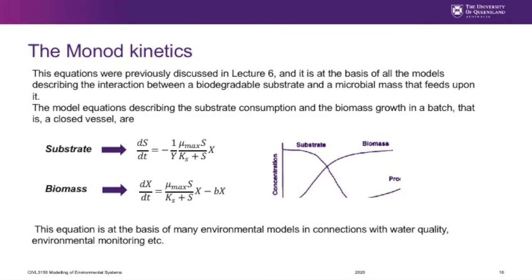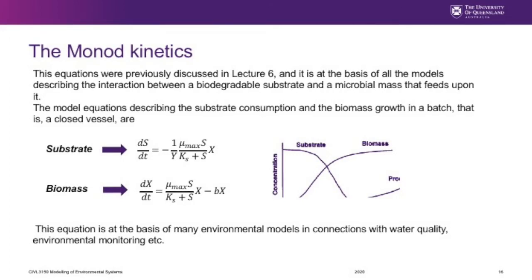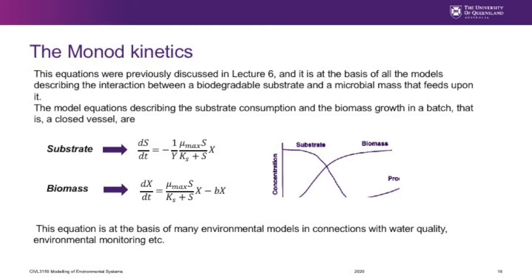But it also contains a term that is related to decay or to the death of the biomass. We have seen this equation before in lecture number 5, where it also includes a term that is related to maintenance. So this is the basic Monod equation that can take different forms.